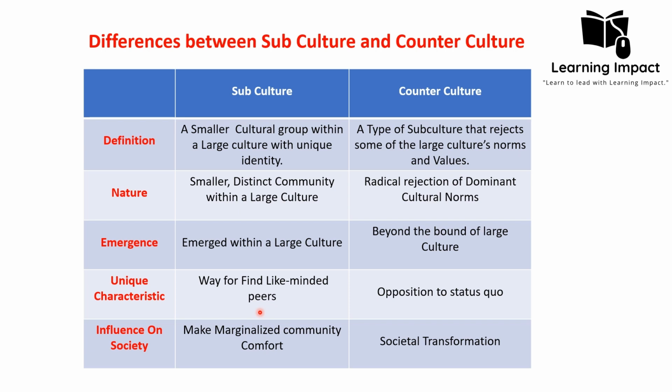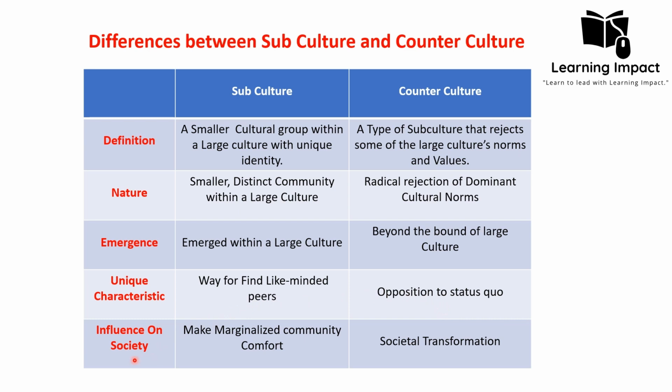So we can say that subculture is recognized by its unique style, meaning the unique lifestyle and norms serve as a way for individuals to find like-minded peers. But in the case of counterculture, it actually opposes the status quo. The status quo is what is happening currently, or the ground reality, so it just opposes that.